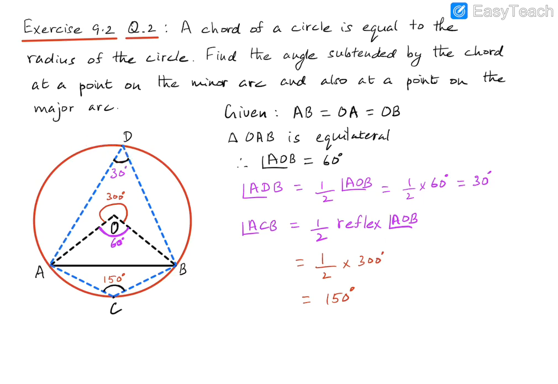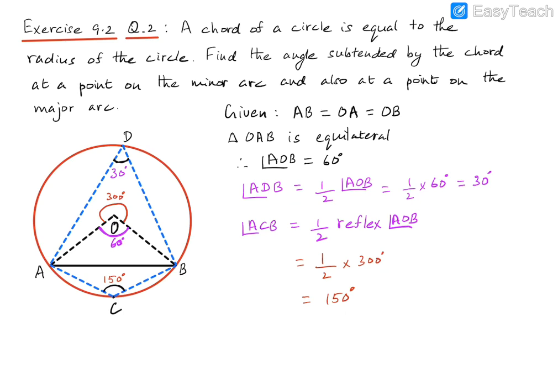But we have to look at the angle in the same direction. So this 60 is in the upward direction here, so ADB is also in the upward direction. Similarly, ACB is in the downward direction from the chord, so we have to look at this angle at the center in the downward direction also. That way we look at the reflex angle.